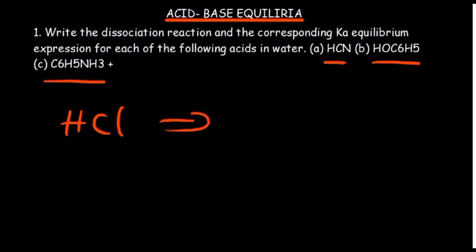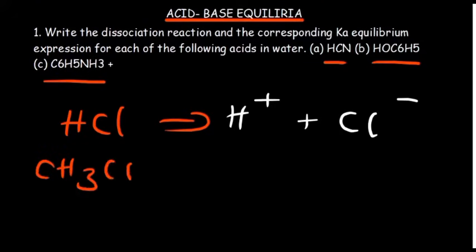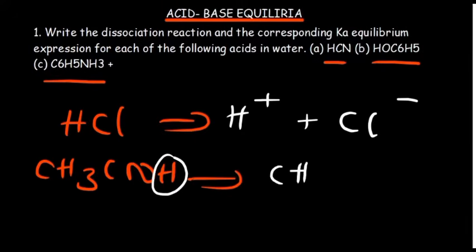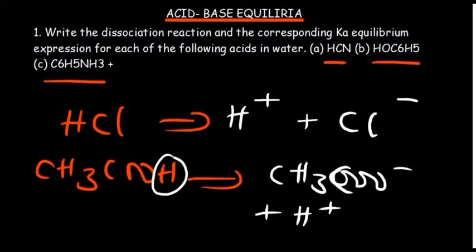For example, HCl is supposed to dissociate completely into its ions. But a weak acid, for example acetic acid, will not dissociate completely. It only loses that hydrogen, so it will form the acetate ion and also the hydrogen ion, which combines with the water molecule to give us the hydronium ion.